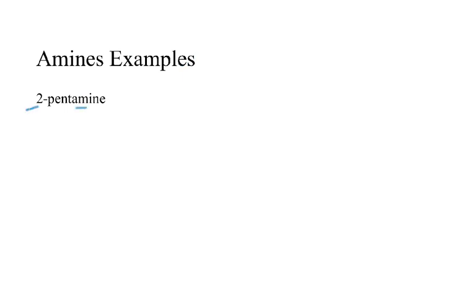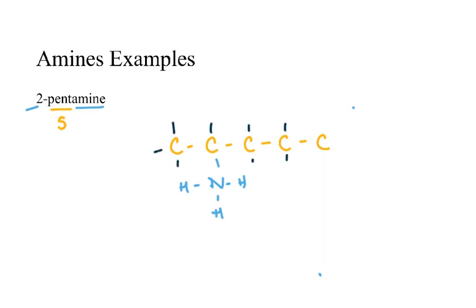So 2 is where our amine is going to be, and pent is our parent chain, meaning 5. So we're going to do our 5 carbons, 3, 4, 5. And we're going to put our amine group here. These are going to be H's. And then we're going to fill in all of our other hydrogens as well. So we're just adding an amine group to the end of it. That's this guy here. And again, we will use the number to tell you where.